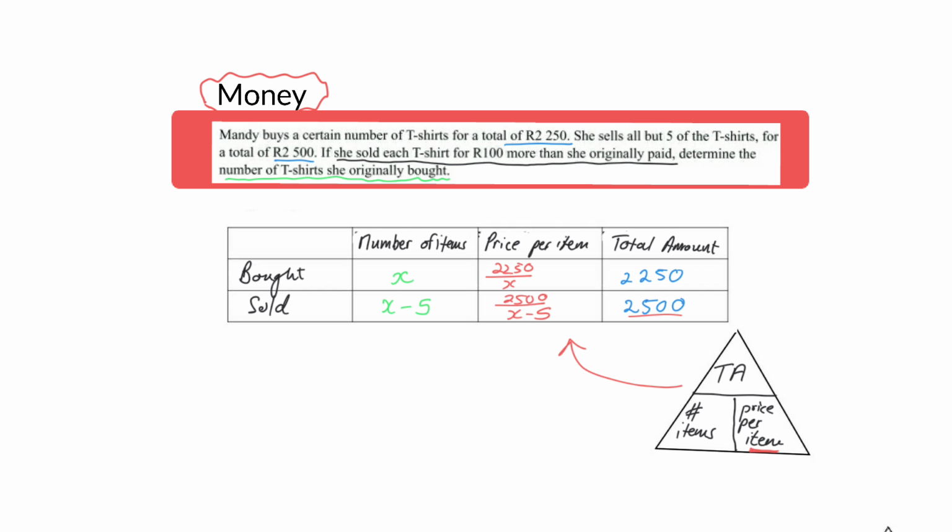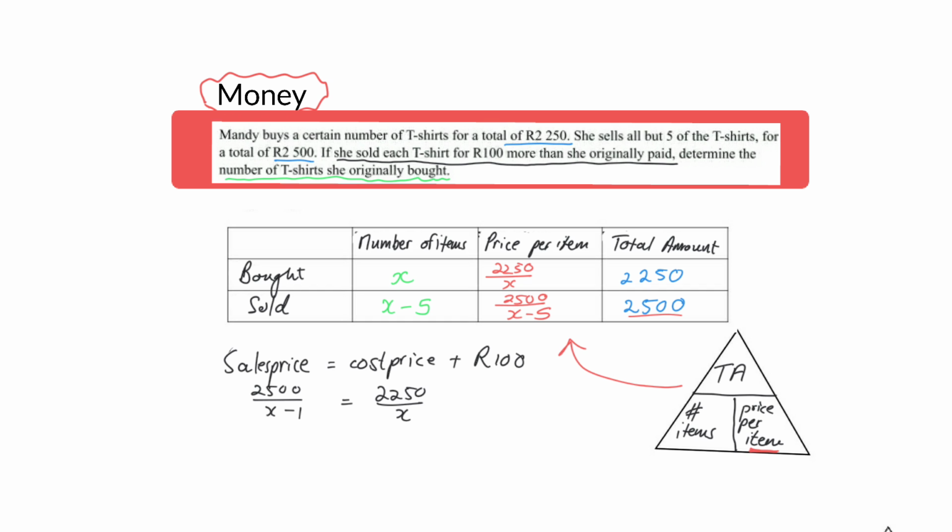So I'm going to write sales price equals cost price plus 100 rand. For sales price per item, we're going to fill in 2,500 over X minus 5. For cost price, we're going to fill in 2,250 over X.